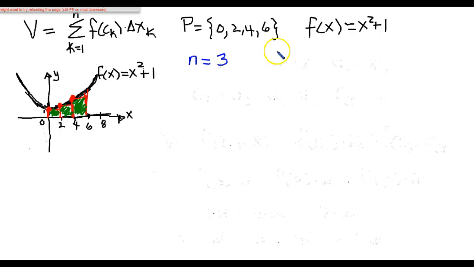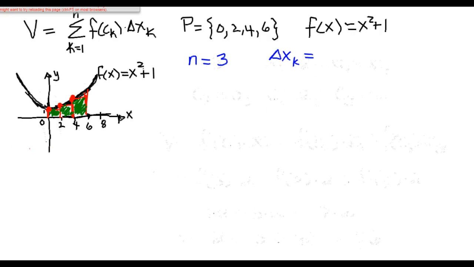Next thing that we will look at, what is delta x sub k? Well, remember k goes from 1 to 3, so delta x sub 1 is going to give us the width of our first rectangle. Delta x sub 2 gives us the width of our second rectangle. And delta x sub 3 gives us the width of our third rectangle or subinterval.